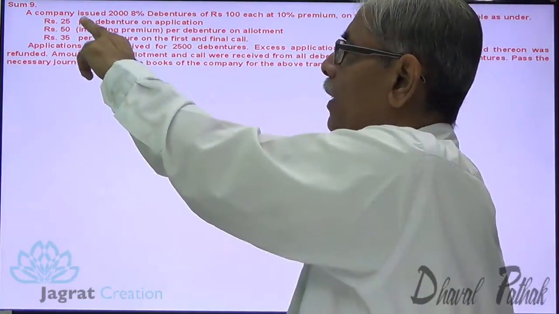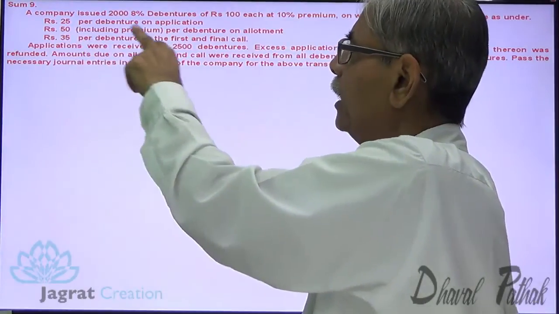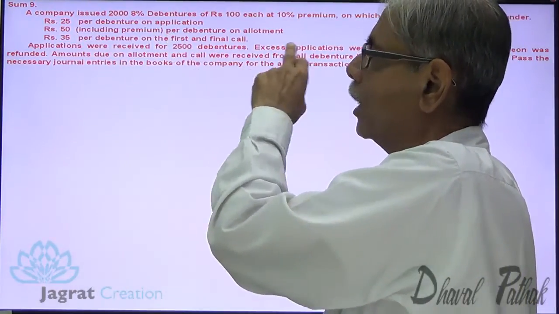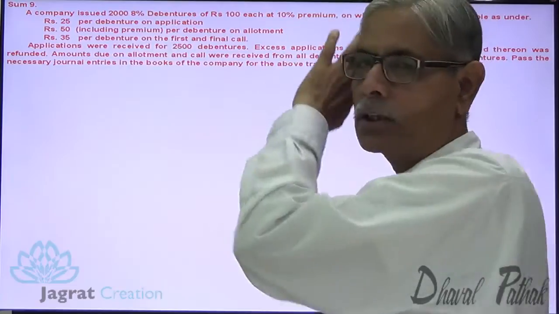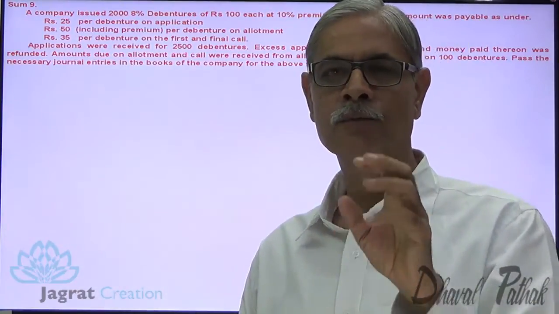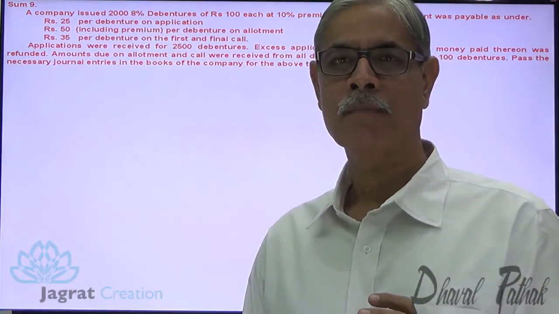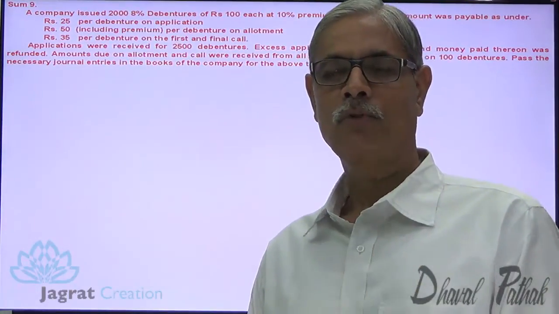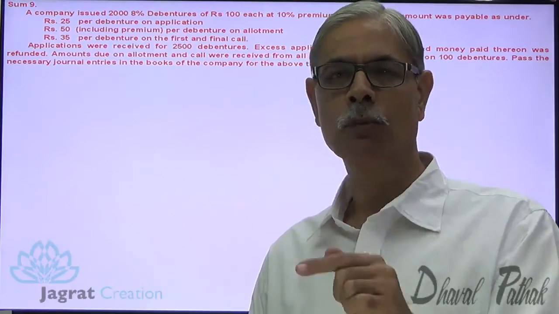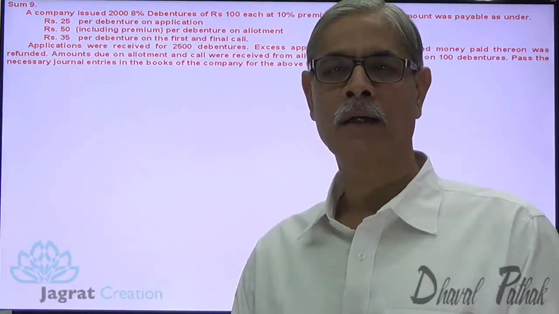How? 25 with application, 50 including premium on allotment, 35 on first and final call. This is how 110 rupees are to be recovered, from those applicants to whom debentures have been allotted.